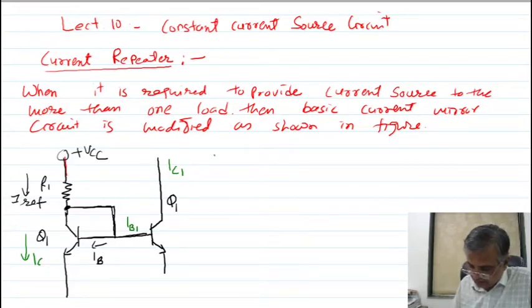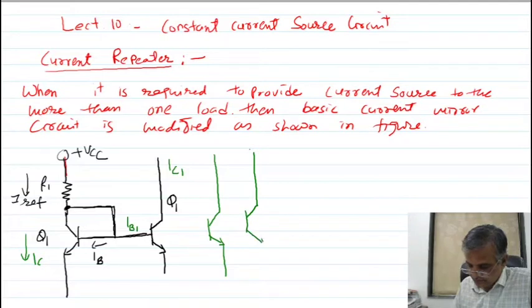Now suppose I want to also provide the constant current to this another load, to this again another load. So this base current is given to all these transistors Q2, Q3 up to Qn.